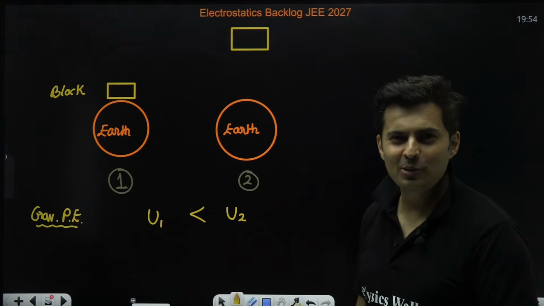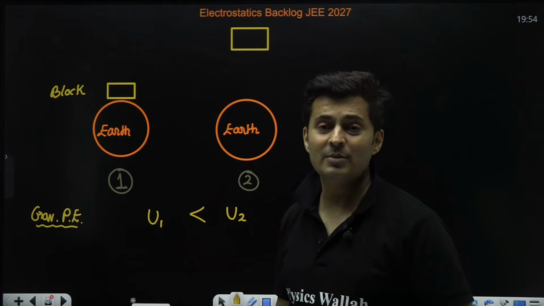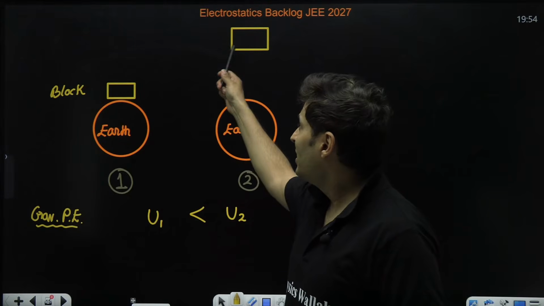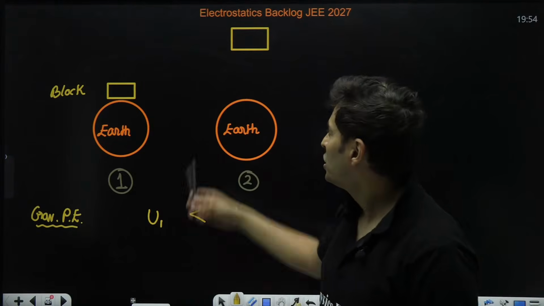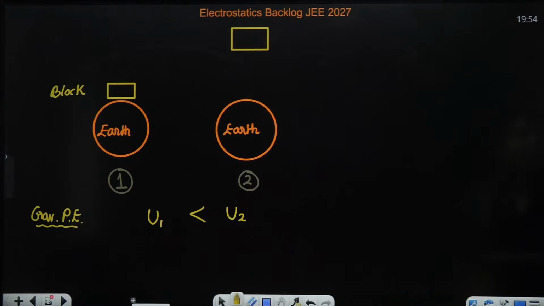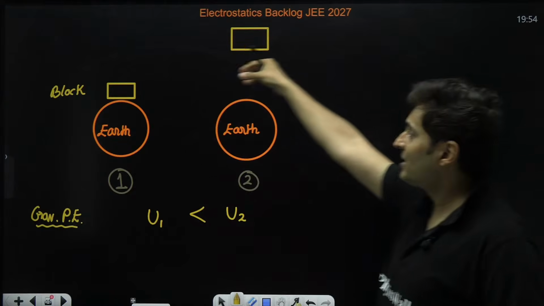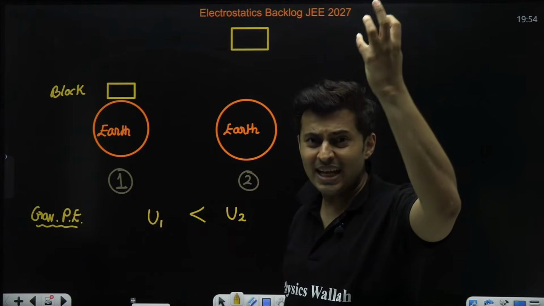So what do you mean by look at their faces? Just look at this block. Think about it, what it is experiencing. This versus this. Which block will be happier? This block which is taken up versus this block which is down. When you take the block up, you are taking it against its will.